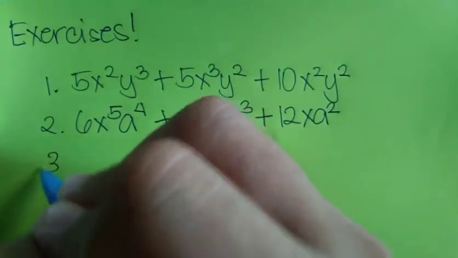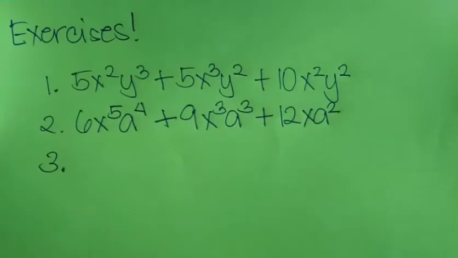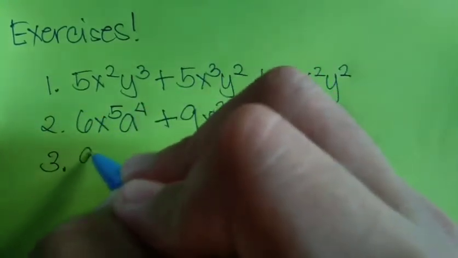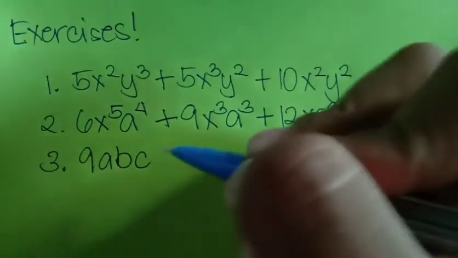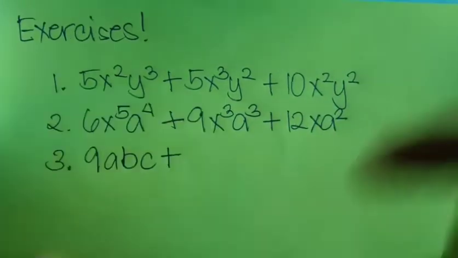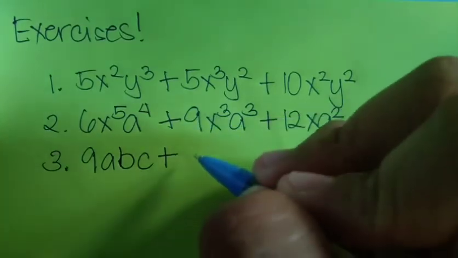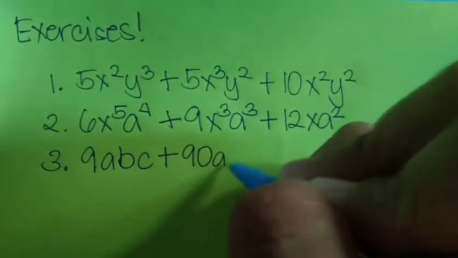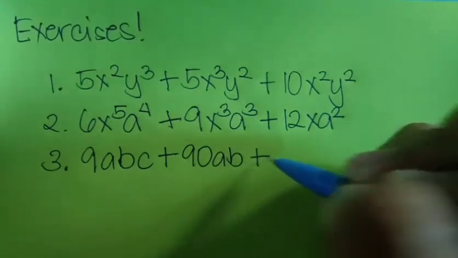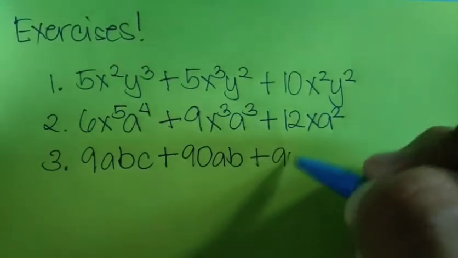Number 3, we have 9abc plus 90ab plus 900a.